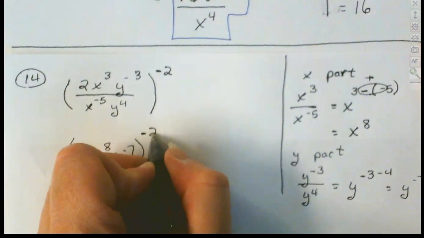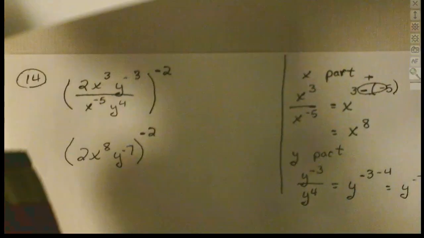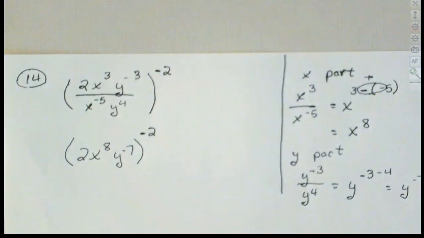Now you could go ahead and put that y to the negative 7th down below, but I'm not going to do that right now because it's just an extra step. I usually like to flip those around and bring them down below at the end. So I usually work with the negative exponents at the very end. That way I'm not moving several times.